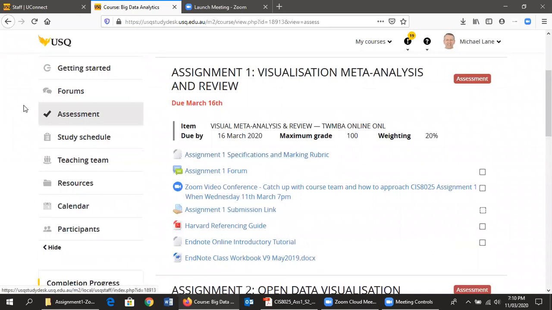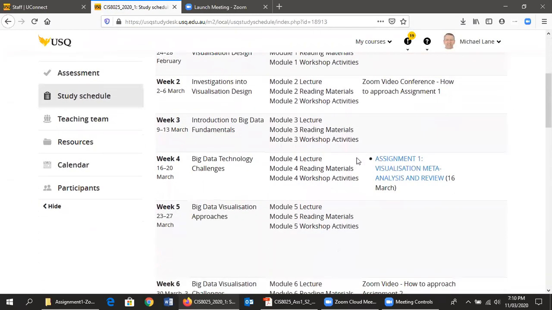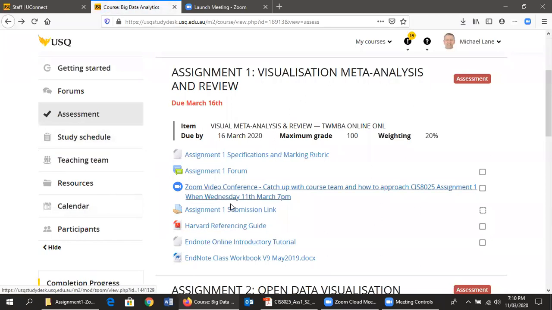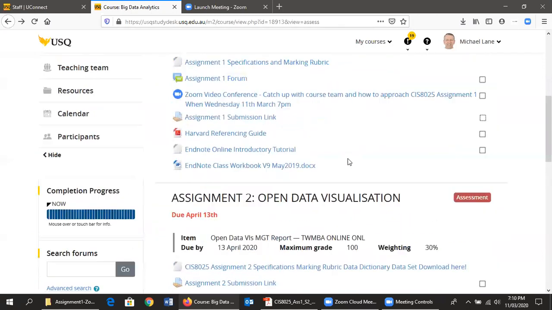Then the study schedule gives an overview of the different modules, with links to when each assessment's due. This one is due on the Monday, and given the timing, I might look at extending that to possibly the following Friday. I'll probably send something out tomorrow and advise on that.